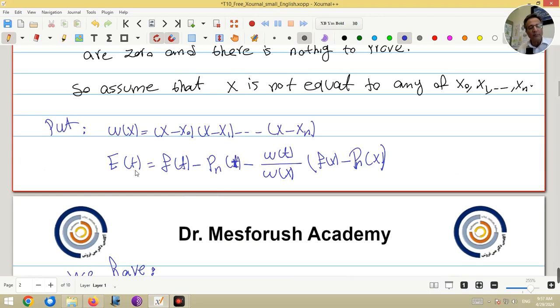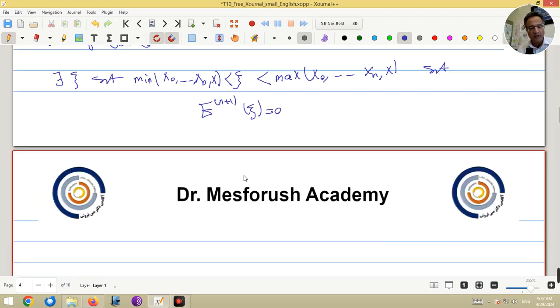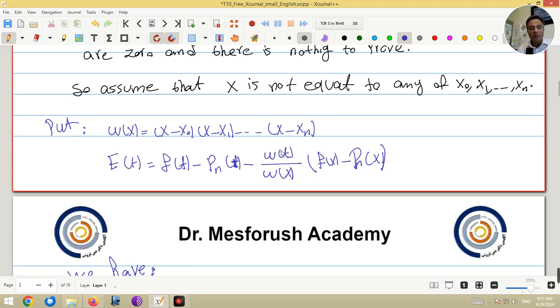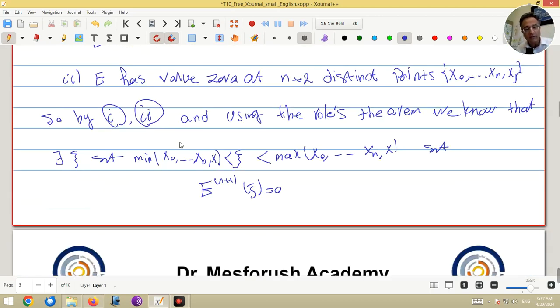Now take the (n+1)th derivative of e to get e^(n+1) at xc, which is f^(n+1) at xc minus Pn^(n+1) at xc minus, if you compute the derivative of order n+1 of w of t, you will get (n+1) factorial, just (n+1) factorial, because this is a polynomial of degree n+1, and the (n+1)th derivative is just (n+1) factorial.